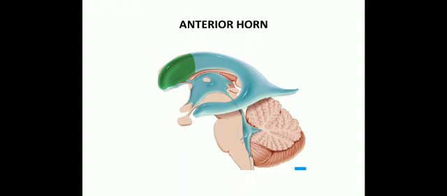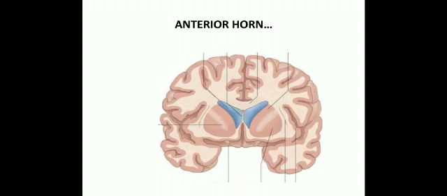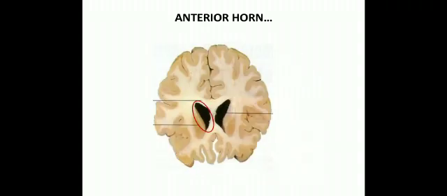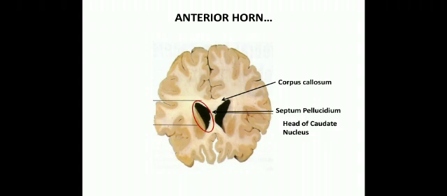It is directed forwards, laterally and downwards, and in cross section it is triangular in shape. The structures surrounding the anterior horn are the corpus callosum, the septum pellucidum in the middle, the head of the caudate nucleus, and the column of the fornix.